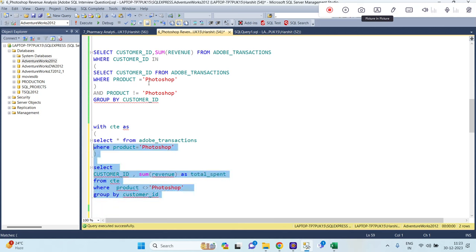Okay, this is wrong. You are selecting data from city only and product. Here it is taken Photoshop product, and here it is taken product not equal to Photoshop. This condition will never be satisfied.